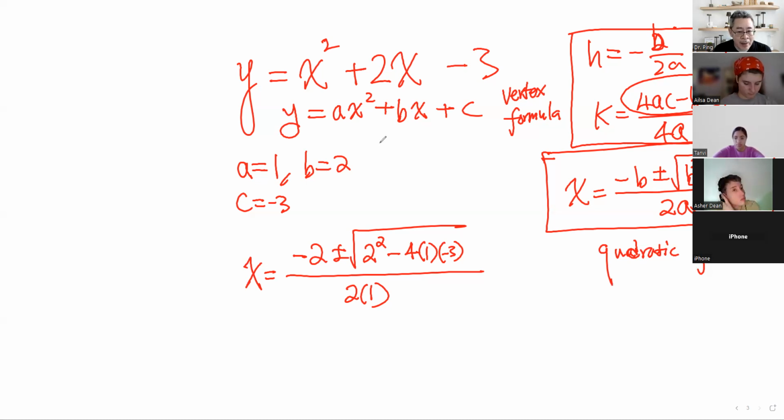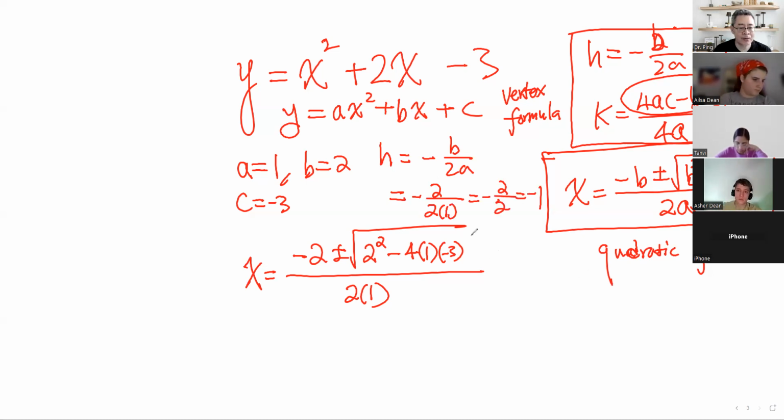So therefore, H is equal to negative B over 2A. And we know our B is 2, our A is 1. So we got -2 over 2, which gives us -1. So that's our H. Our H is -1.